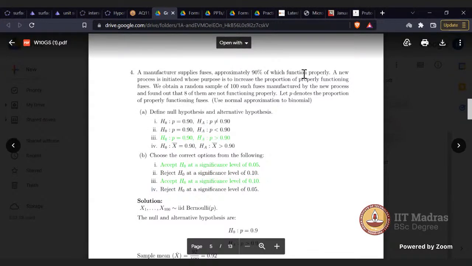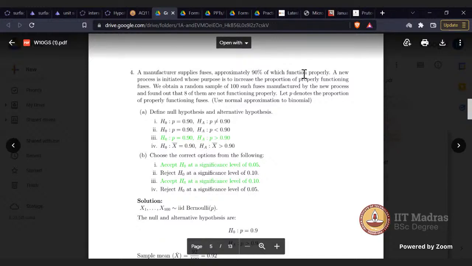It says a manufacturer supplies fuses, approximately 90% of which function properly. This statement has been made that 90% of whatever fuses the manufacturer supplies function properly. Now he has initiated a new process whose purpose is to increase the proportion of properly functioning fuses. So initially it was 90%, and some process has been done to increase the functioning capacity.